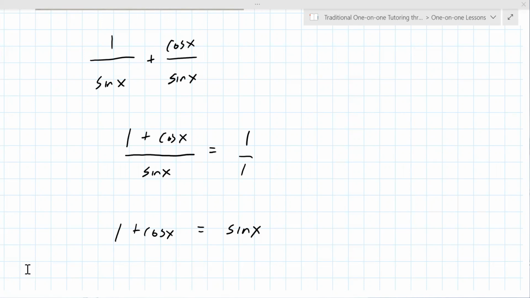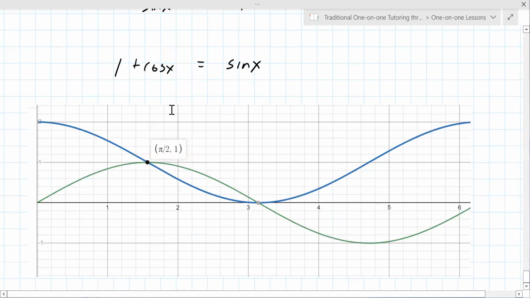You can do this without the graph, but I want you to see what's going on.